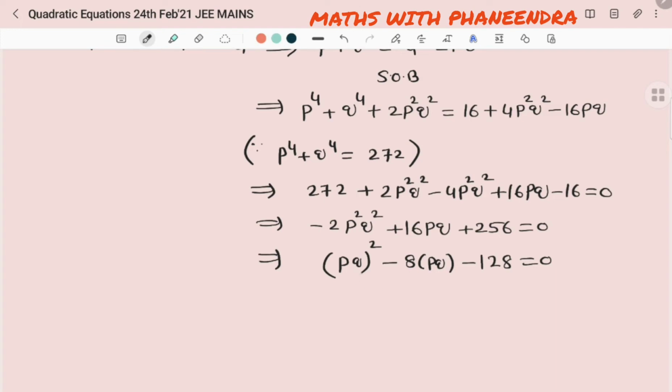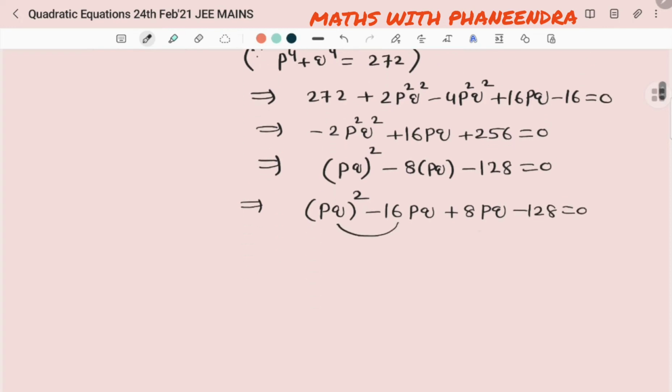So here it is a quadratic equation in terms of PQ. We have minus 8 and minus 128 here. Find out the factors for PQ. PQ whole square minus 16 PQ plus 8 PQ minus 128 equal to 0.